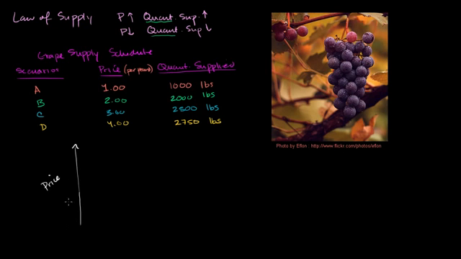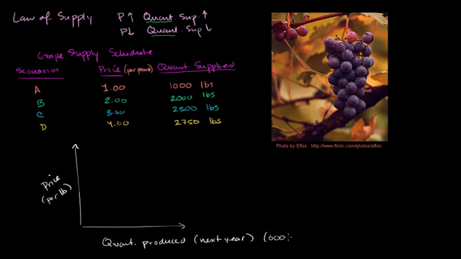So price on the vertical axis, so then this is really price per pound, and then in the horizontal axis, quantity produced, I'll say in the next year. We're assuming all of this is for the next year, and it's in thousands of pounds.